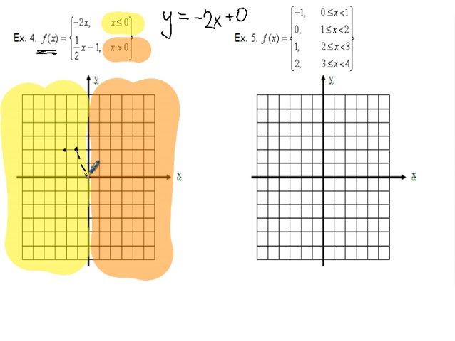Let me do this as a dashed line, and later I will be only tracing the part that is truly a part of this piecewise function. So this is my first line, minus 2x.